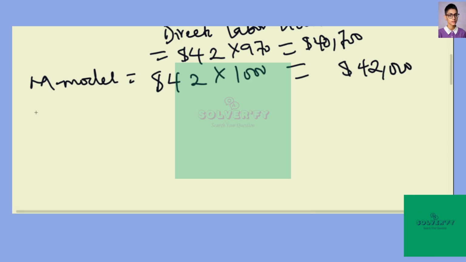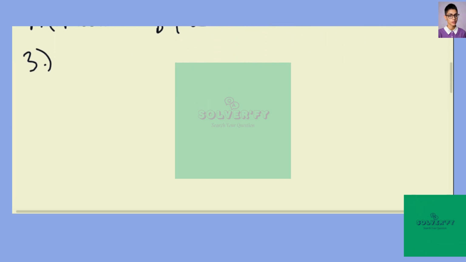Now the last question: why might Atkinson Construction prefer normal costing over actual costing? First of all, to use the actual costing, they should wait till they complete the construction because the actual values can be known only after the completion of the project.